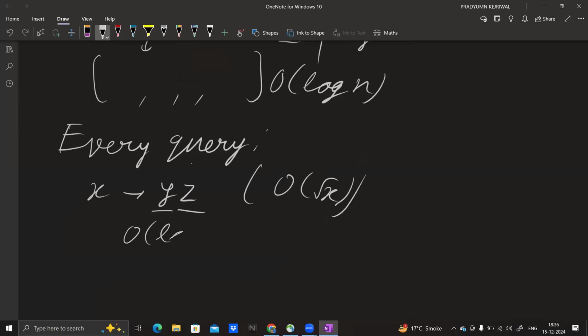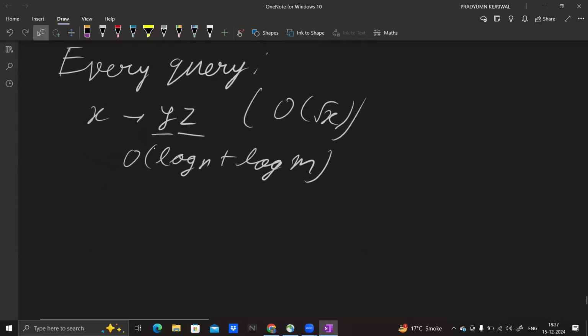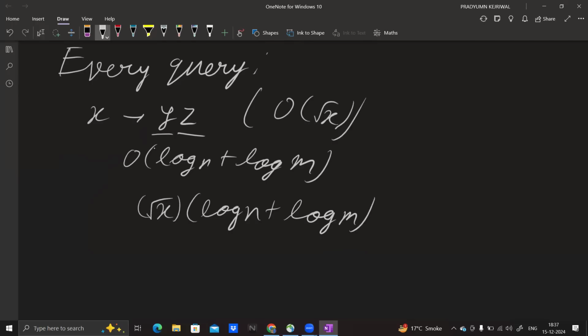So this will take O of log n plus log m time. So for a query, we are answering in O of root x into log n plus log m time, right? This is the time complexity per query, and basically the total time complexity will be O of q into this.